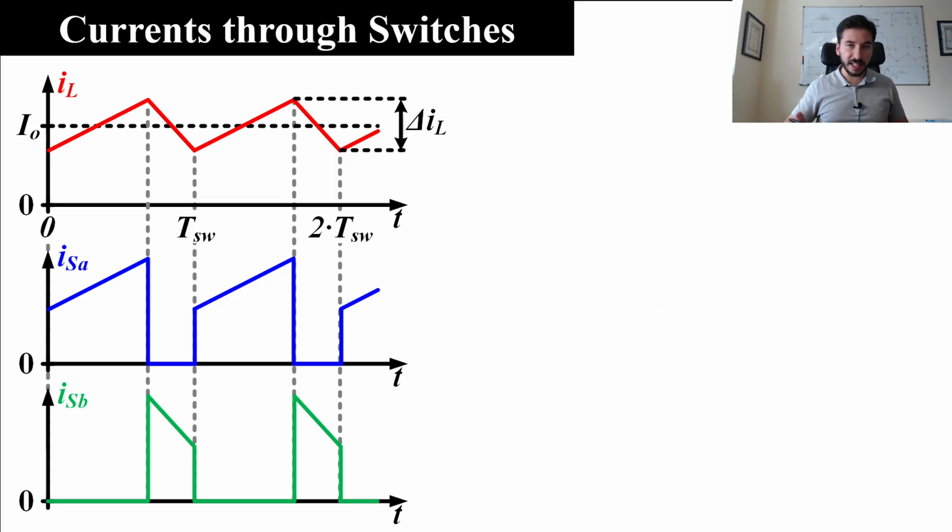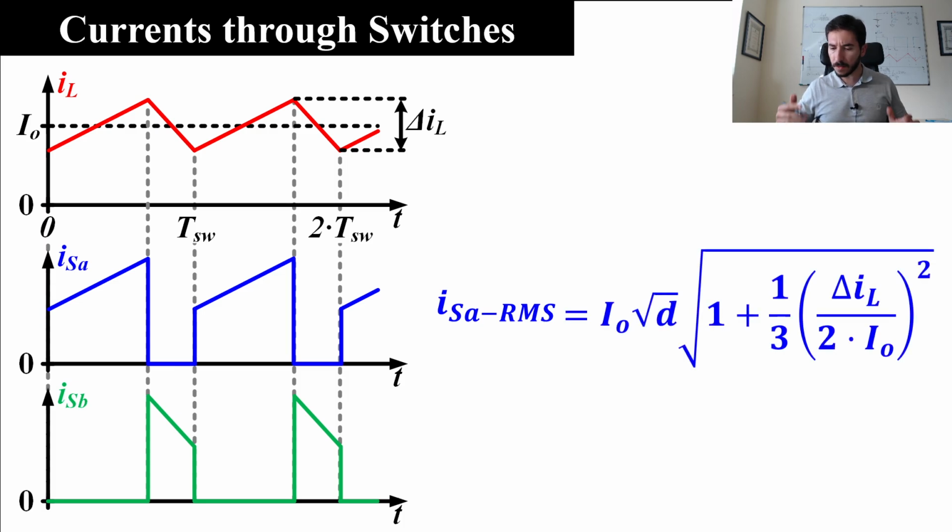Okay, and very quickly, let me show you the root mean square value expressions. I'm not going to put the general definition. You can obtain this expression in Google. And let me point out that in the case of switch A, that root mean square value depends on the output current, duty cycle, and peak-to-peak current ripple.